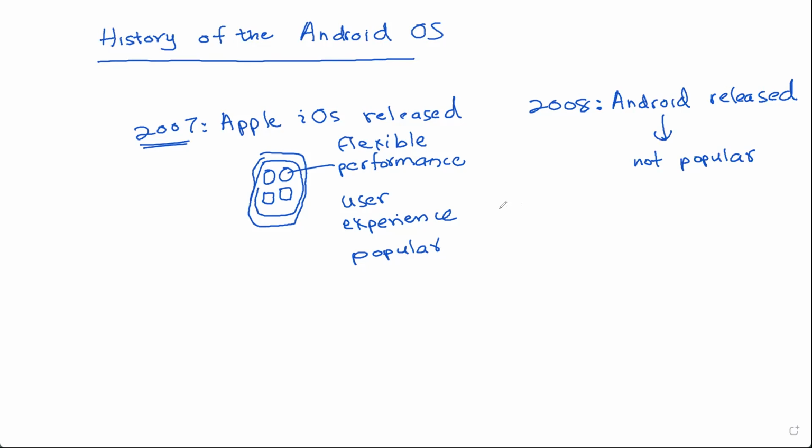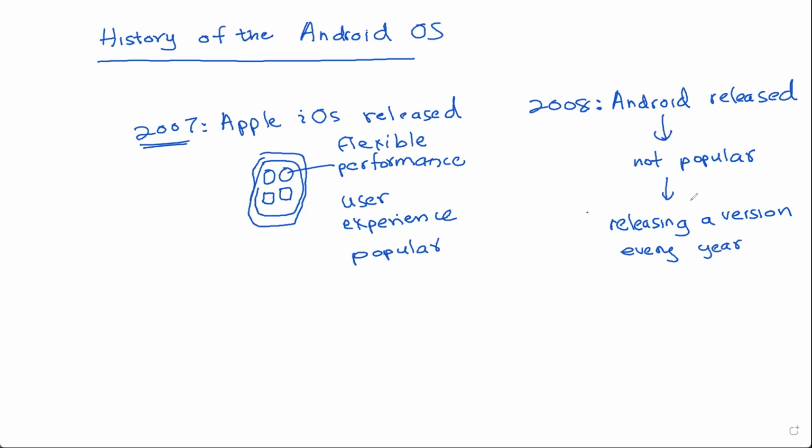It had some problems with its performance. However, it tried to improve its performance by releasing a version of Android every year.